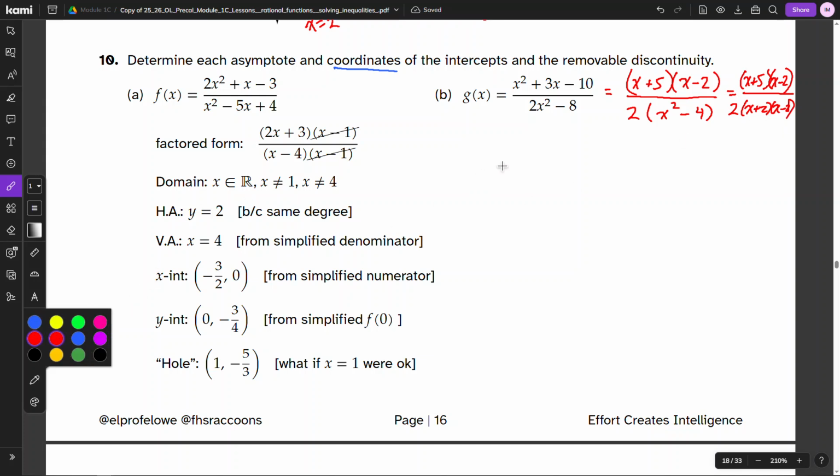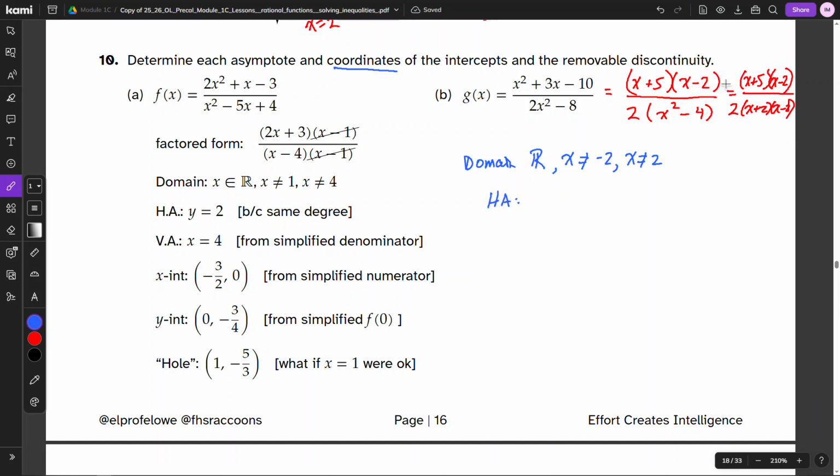All right, so domain, all real numbers, right? But x is not negative 2, x is not positive 2.